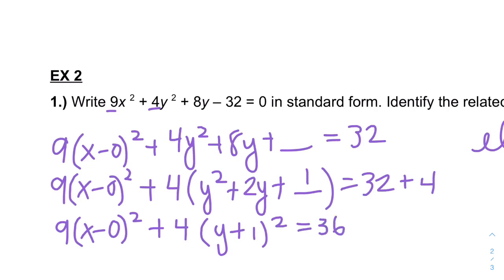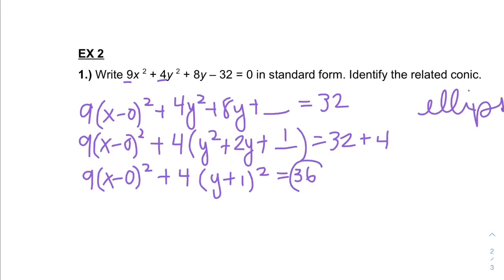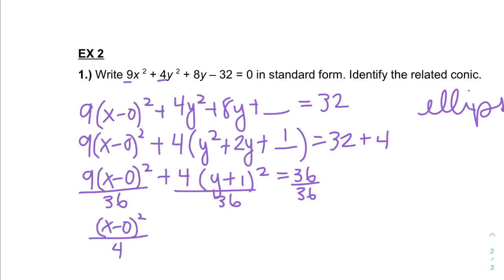It's almost in standard form, but I need to have a 1 on this side, so I'm going to divide everything by 36. And this will give me x minus 0 squared over 4 plus y plus 1 squared over 9 equal to 1.